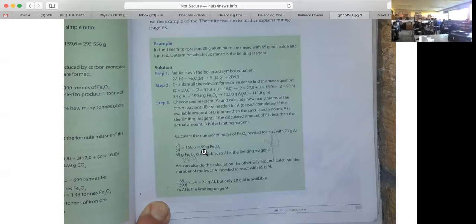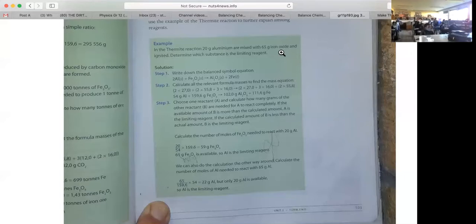And then they got that we needed 59 grams of iron oxide, but they gave us 65 grams. So obviously the iron oxide is the one that's in excess. So our limiting reagent is going to be the aluminium. The 20 grams of aluminium is going to be used up before the iron oxide is used up. And that is what is meant by a limiting reagent.